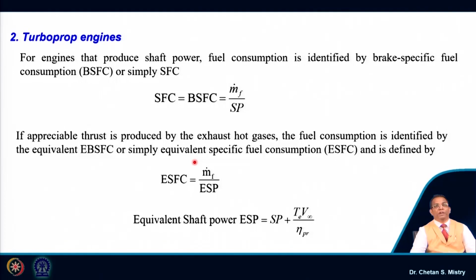Now, sometimes people use the equivalent fuel consumption configuration also, which is based on equivalent shaft power. If you recall, there are turboprop engines, working and under development, which have an exhaust nozzle that generates thrust, and that is the reason we use equivalent shaft power rather than shaft power.